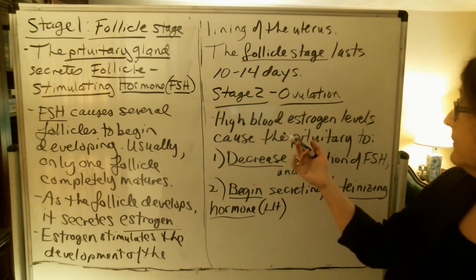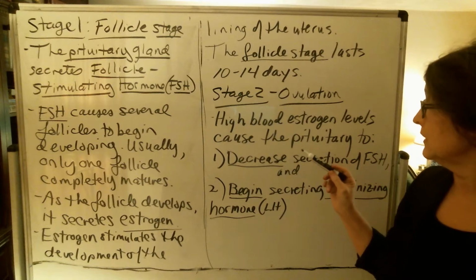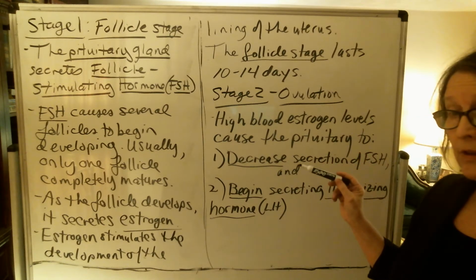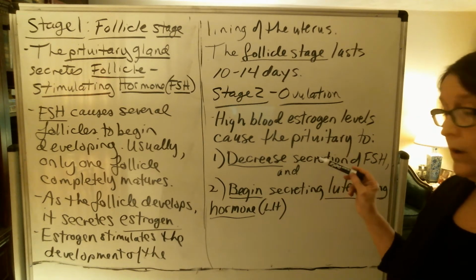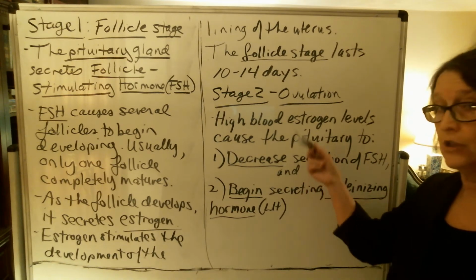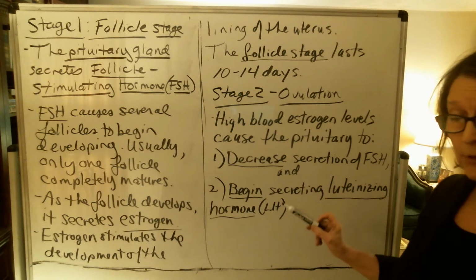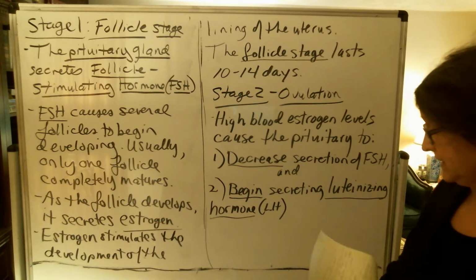So, as I said, that high blood estrogen level causes two things to happen. One is that follicle stimulating hormone secretion is decreased, and at the same time, the secretion of luteinizing hormone increases.